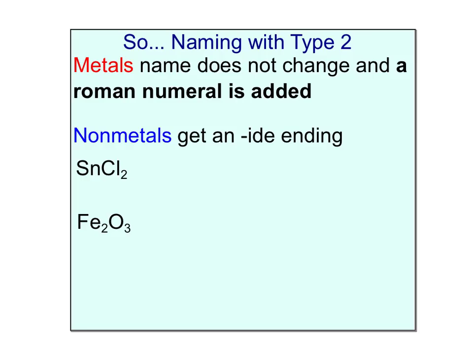So for these ones, whenever you have a metal with a multiple charge, you need to include a Roman numeral. To reiterate the rule one more time, whenever you have a metal with a multiple charge, you need a Roman numeral. So for SnCl2, I would say tin, and then I would say chloride. I'd look at my periodic table and I would notice that tin is one of the metals that has multiple charges.